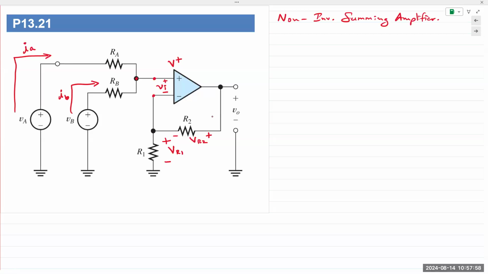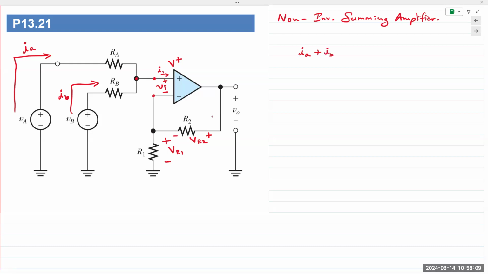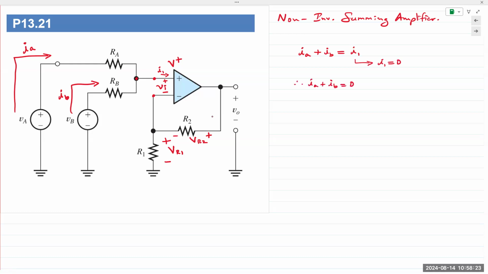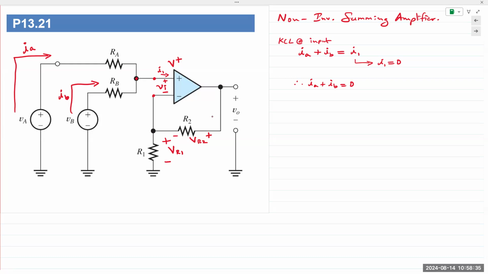And I can make the same assumptions. KCL at the input would be IA plus IB is equal to II. II we will assume to be 0. Therefore, IA plus IB is equal to 0. So this is from KCL at the input terminal. But let's see what happens here.